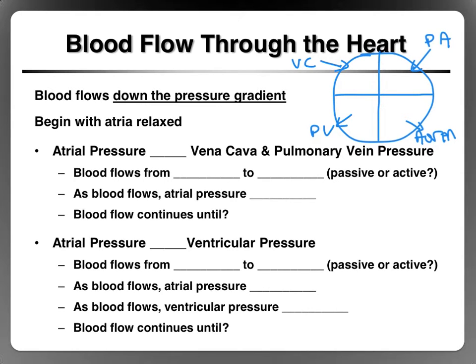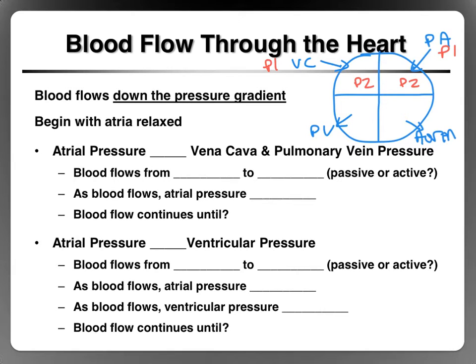There's also pressure in the vena cava and pressure in the pulmonary artery. As I said, the pressure in the atria is very low when they're relaxed, and this sets up a natural pressure gradient. So P1, P2.